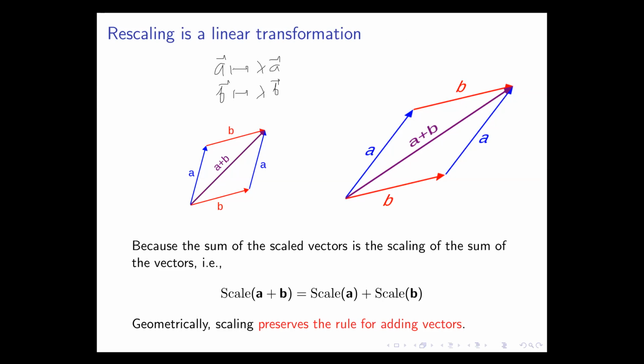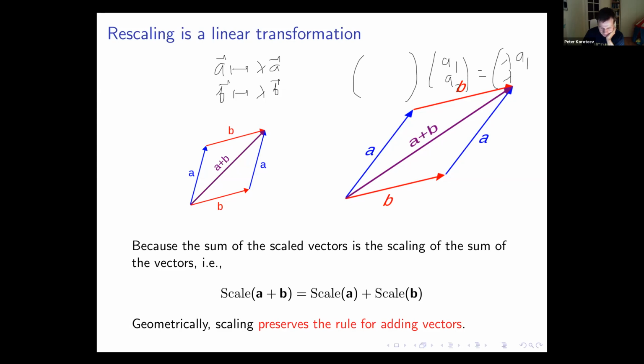So we need to have, say, vector A with components A1, A2, and after application of this operation, it should have components lambda A1, lambda A2, where lambda is some coefficient.